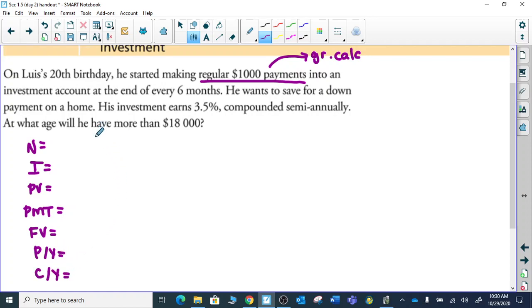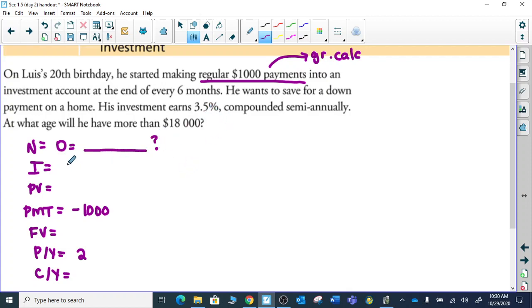All right, so the $1,000 payments: he's making a payment every 6 months, taking it out of his regular bank account and putting in $1,000. Every 6 months means that he's making payments twice a year. Now, normally I would jump right away to N, the number of payments in total, but we don't know how many payments he's making. This is the part that we're going to leave as our unknown.